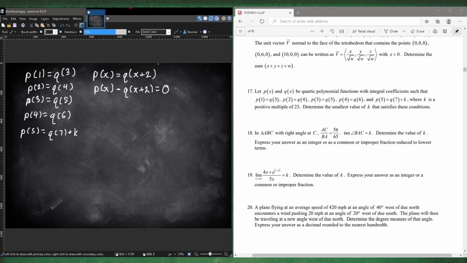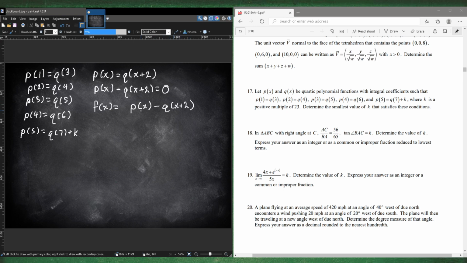But the key phrase in number 17 is that they ask about quadratic polynomial functions. When we're working with polynomial functions, let's say f of x, we usually like to set the polynomial equal to 0, so that we can find all the roots. So we're going to do the same thing here. We have f of x equals P of x minus Q of x plus 2, right?